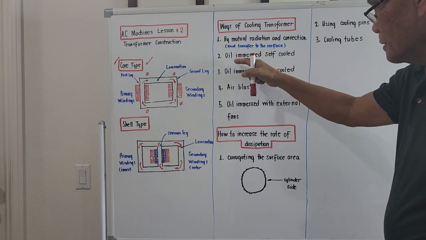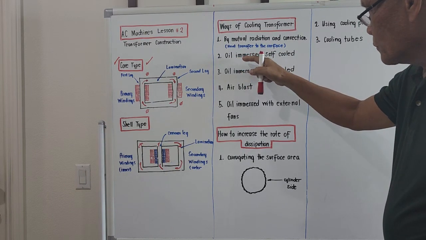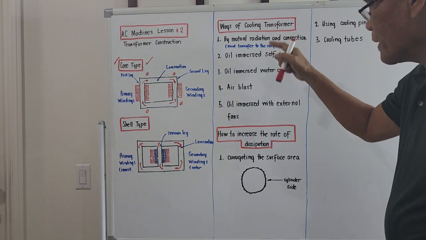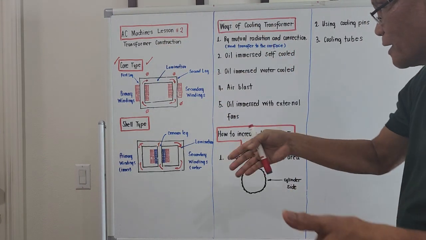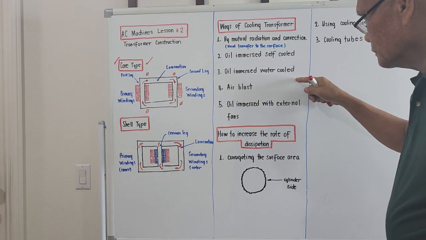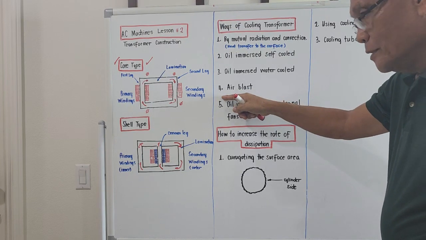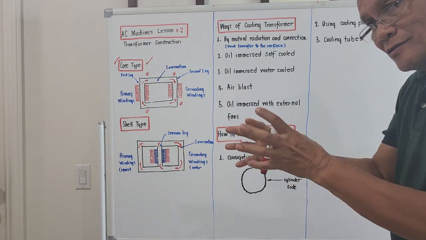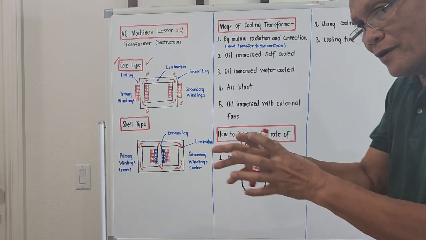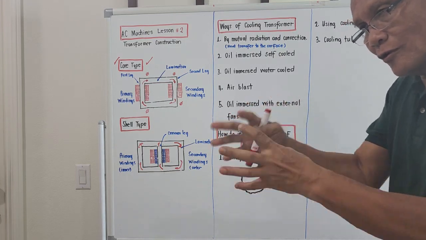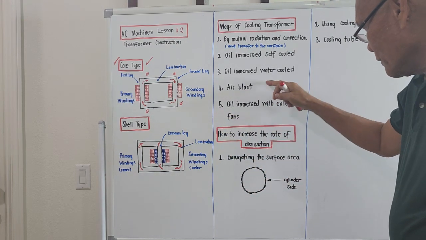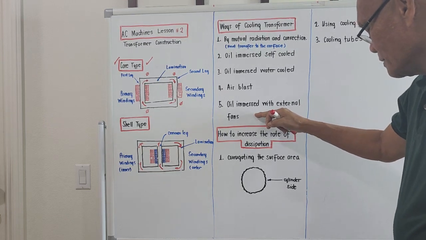Number 2, transformer windings could be oil immersed, self-cooled. Number 3, transformer windings inside the cylinder could also be oil immersed, water cooled. Number 4, you apply an air blast, something like an electric fan or a blow of air for the windings to cool off. And number 5, oil immersed with external fans.